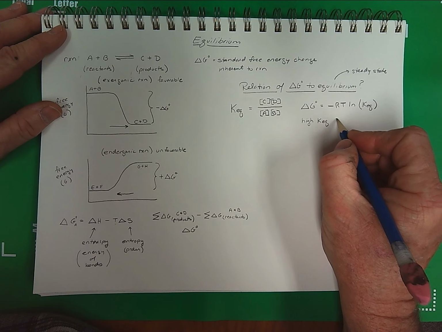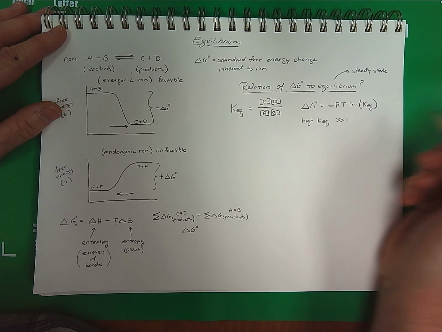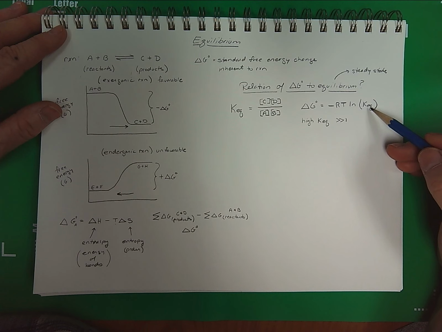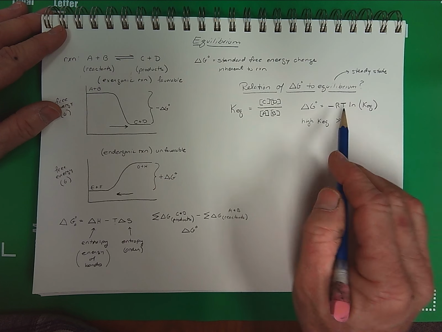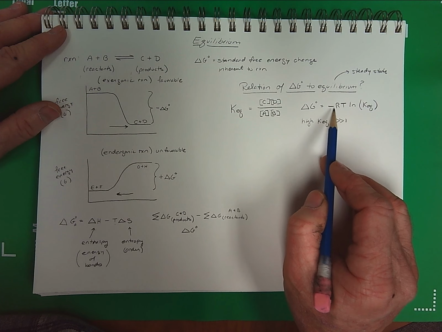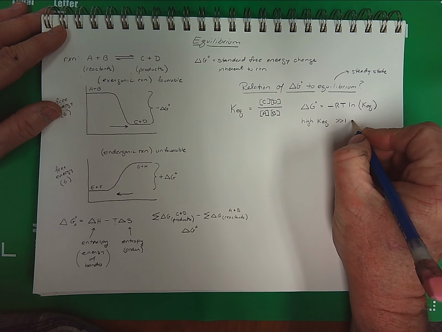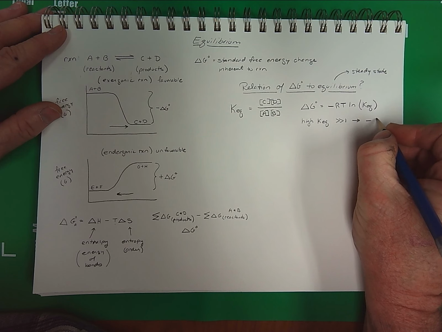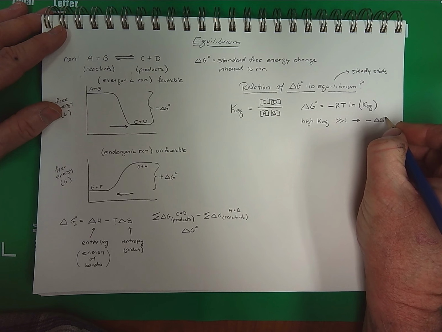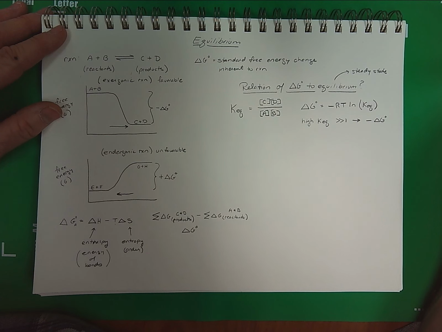Let's say this is much greater than 1. The natural log of a number greater than 1 is going to be positive. So we have a positive number here. We have a negative factor in front of RT, which is going to give us a very large negative free energy change.